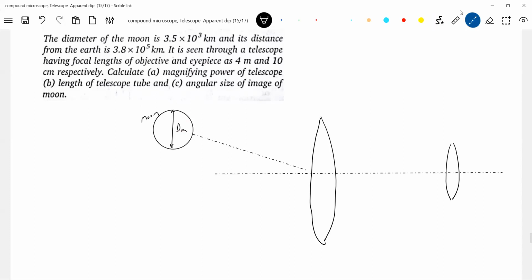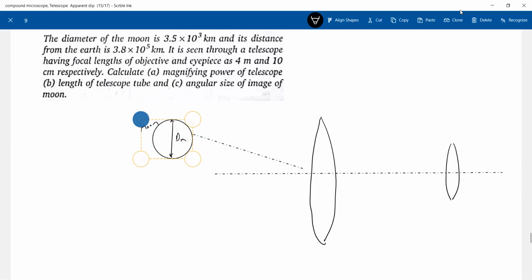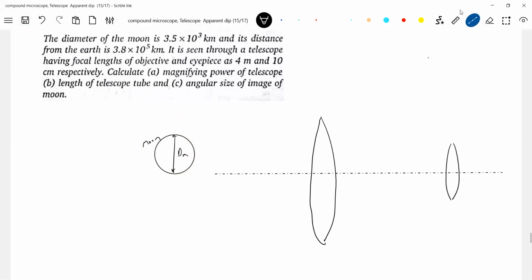How to calculate that? Don't go for the ray diagram. Don't stress on the ray diagram. Just have a basic idea. So this is the angle subtended by it.